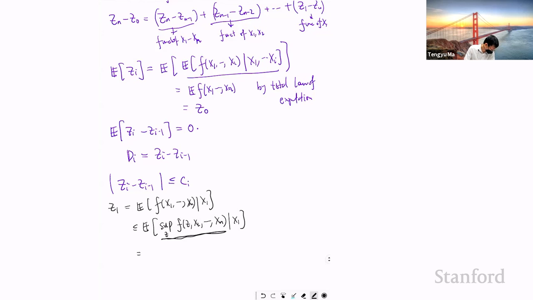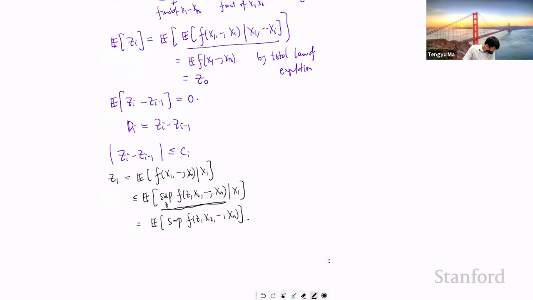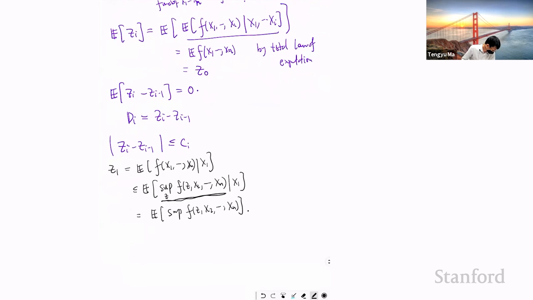So you literally just get the expectation of sup f(x1, x2 up to xn). And also z1 is bigger than the expectation of the inf, for the same reason.